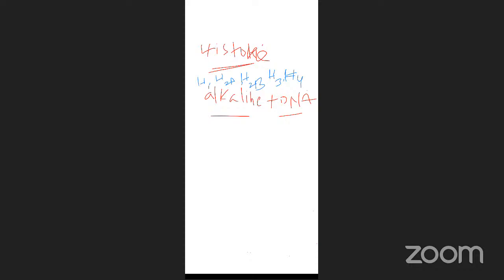The most interesting event is that histone proteins are highly conserved components. They are highly conserved from generation to generation. That means in a pedigree, our forefathers also had the same histone proteins, and before the forefathers also the same. There is no change in the nature of histone proteins.